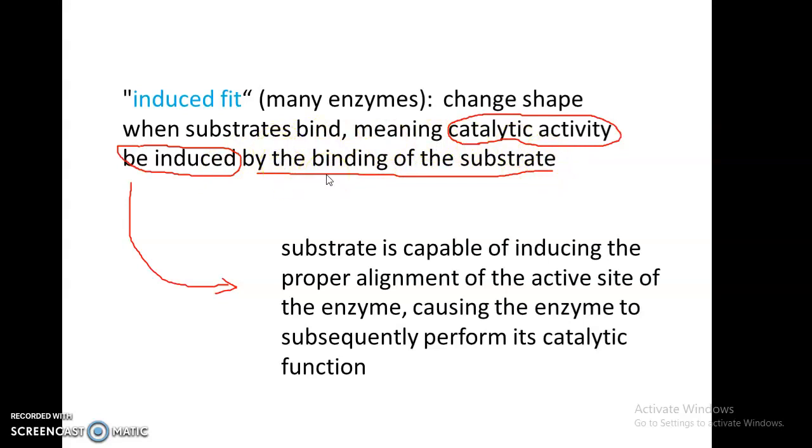When a substrate comes in contact with the enzyme, the enzyme activity will start. The substrate is capable of inducing the proper alignment of the active site of the enzyme, causing the enzyme to subsequently perform its catalytic function.